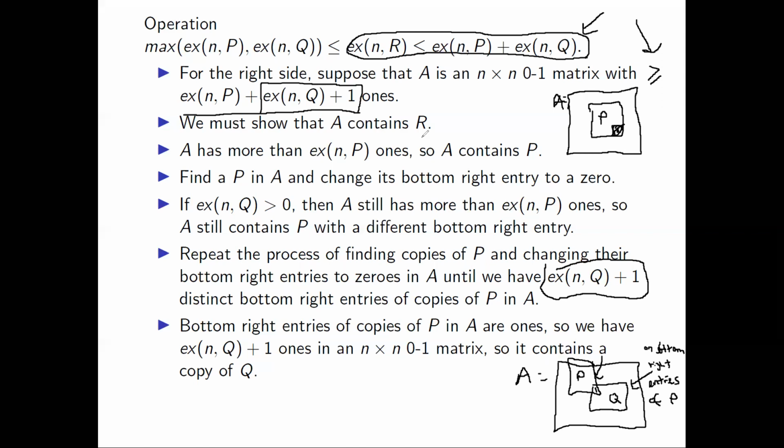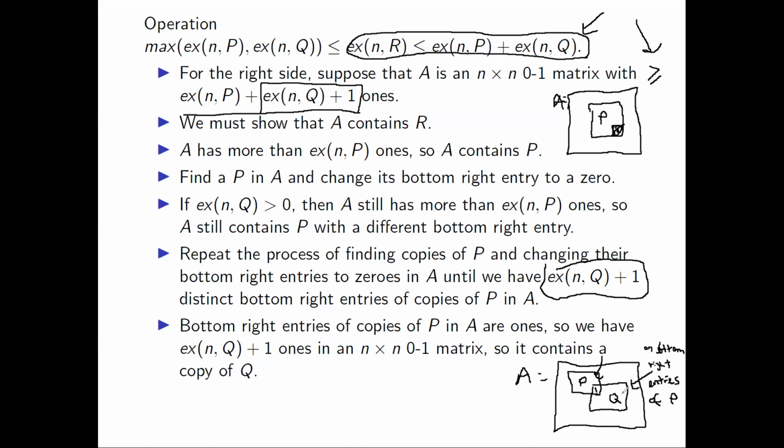And let me draw that P a little better so it actually fits in the matrix A. So there's our copy of P right there, because that one was a bottom right corner entry of a copy of P. So there's the copy of P whose bottom right entry it was.